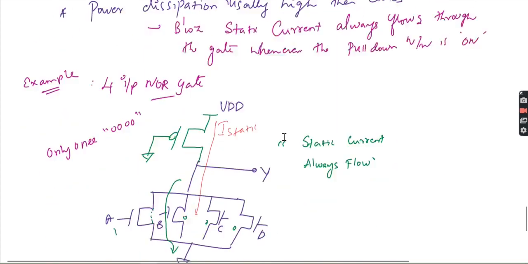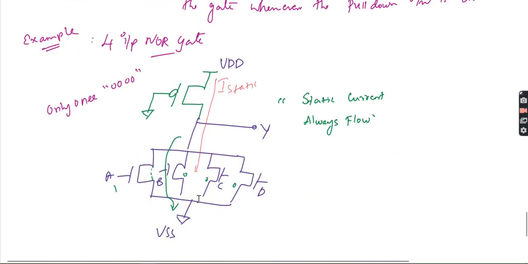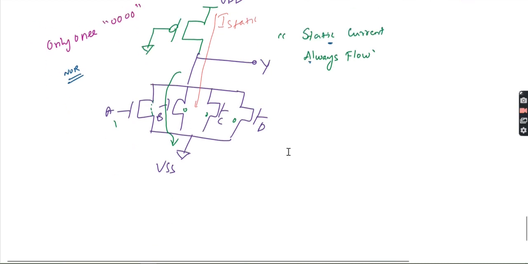Even in the example of the 4-input NOR, the static current will always flow. Because in the NOR structure, if any one transistor in the driver is on, there will automatically be a direct current flow path between VDD and VSS. So there will always be static current with this type of structure.